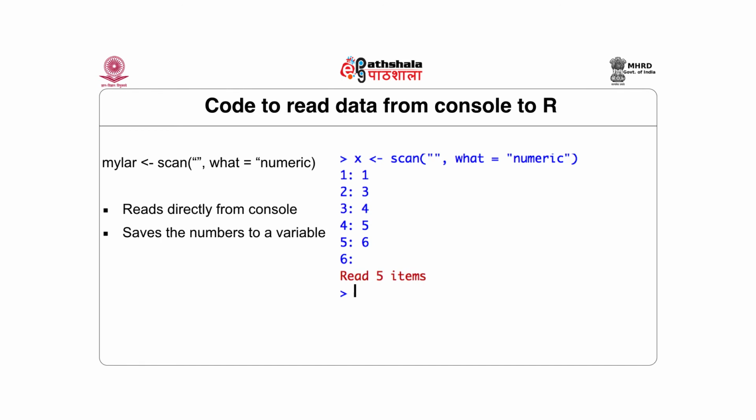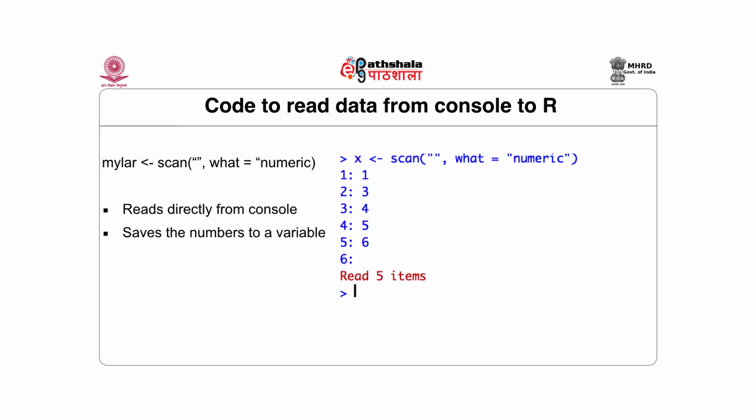So in other words, I have closed that function up. So you can see on the right hand side, when I started running that particular section of the R script, it says, okay, scan from the console, which is a blank quote unquote space, and R, you should only read numeric data into it.